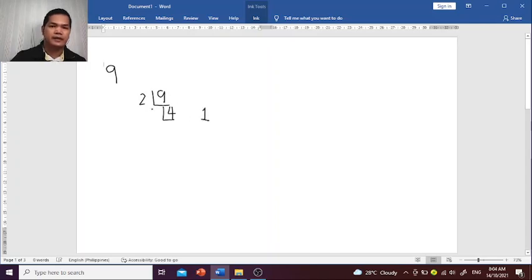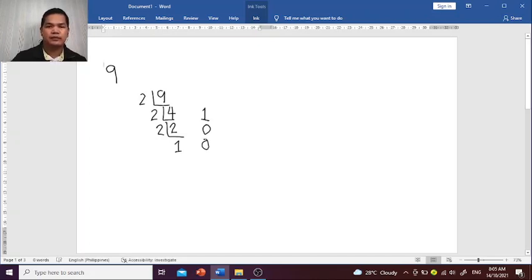And then we have to divide 4 again by 2. So you have here 2, and the remainder is 0. Also, if we're going to divide 2 by 2, the answer is 1, and our remainder is 0.